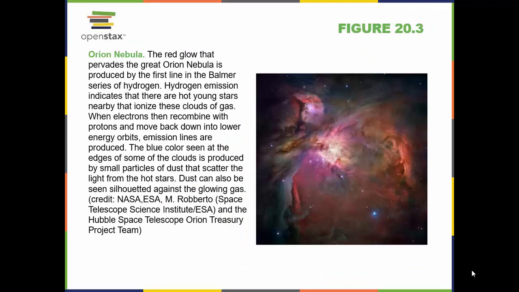If we look at the Orion Nebula, the red glow that pervades the Great Orion Nebula is produced by the first line in the Balmer series of hydrogen. The hydrogen emission indicates that there are hot young stars nearby that ionize the clouds of dust.